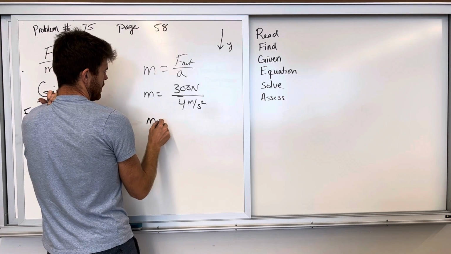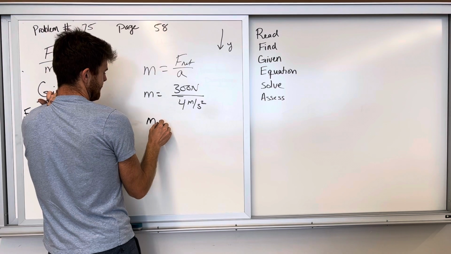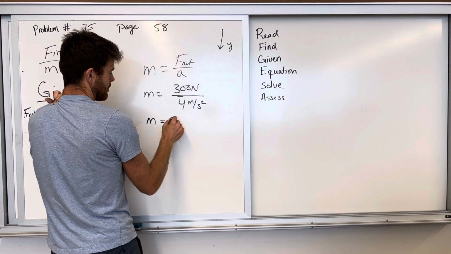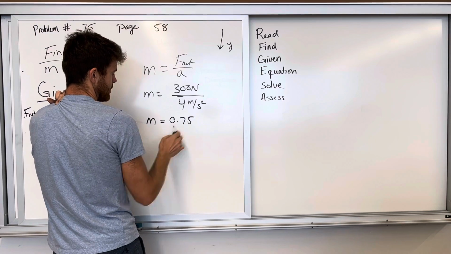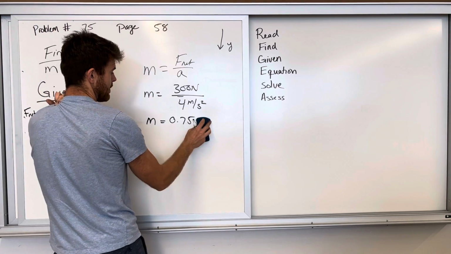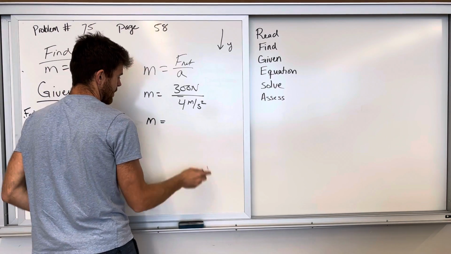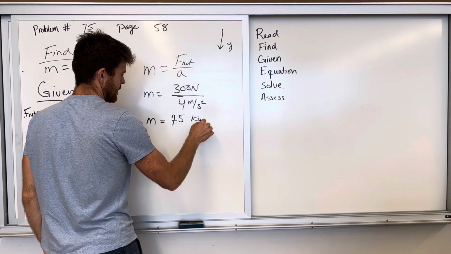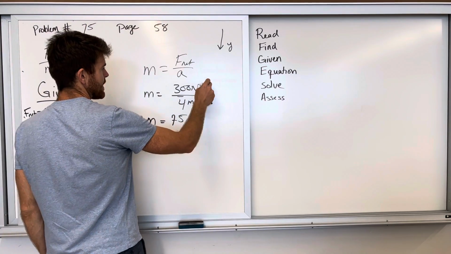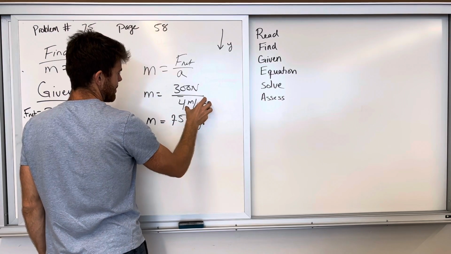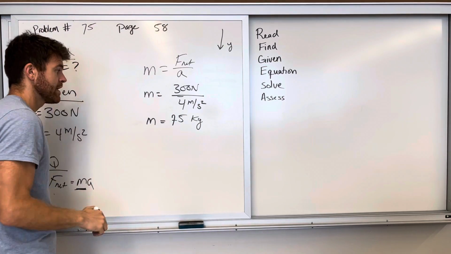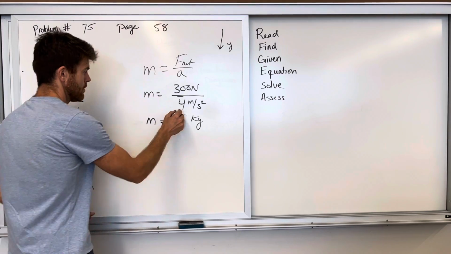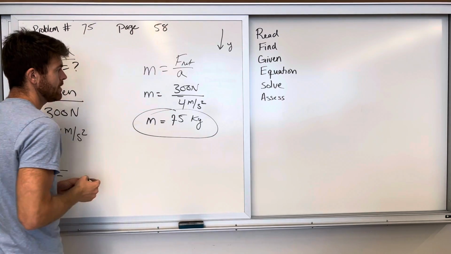And so my mass is, well, it's 3/4 times 100, so that's 0.75 times 100, that gives me 75 kilograms. Remember, a newton is a kilogram meter per second squared, divided by meters per second squared gives me kilograms. And 75 kilograms is a very reasonable mass for a person. So that's our final answer.